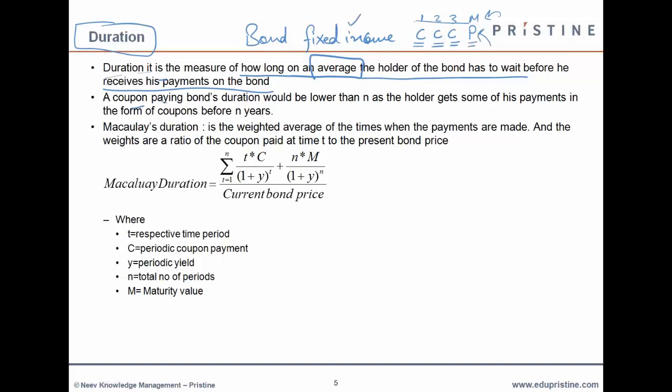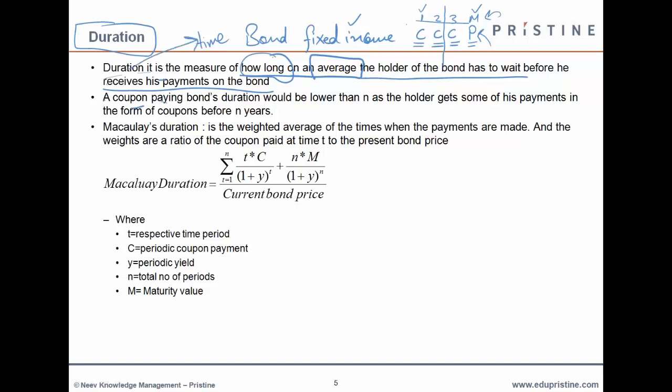Now the bondholder must hold this bond till some point. He can hold it till 1 year or he can hold it till maturity. We are saying the bondholder should hold the bond till a point in time. How long? It has a unit of time. So duration has the same unit of time.